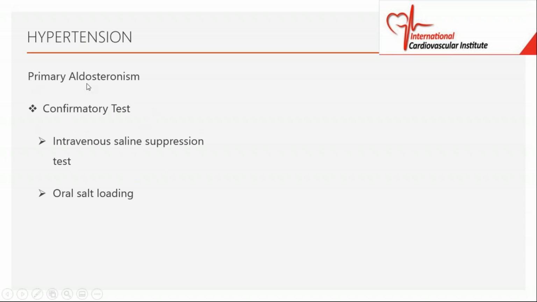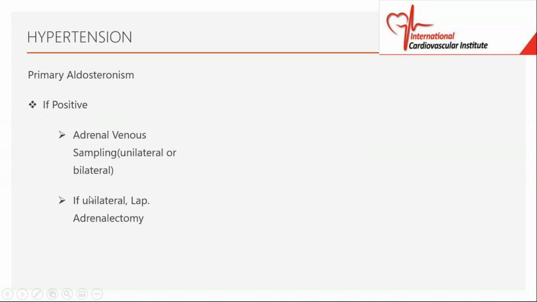Then the confirmatory test is the intravenous saline suppression. Remember, in a normal patient, you can suppress aldosterone production by salt loading them. You can do either oral salt loading or intravenous salt loading.